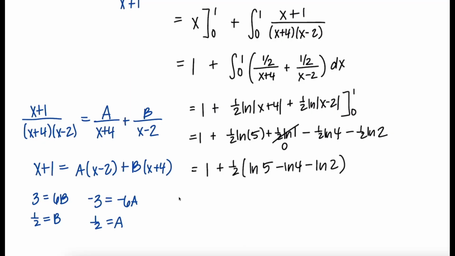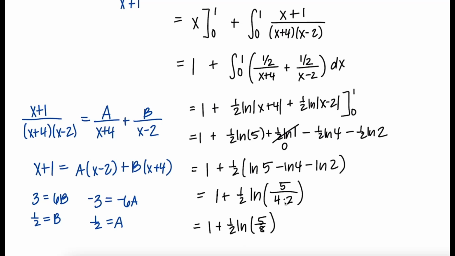So basically what I end up having here is 1 plus 1/2 natural log of 5 over 4 times 2, because the argument of each of these goes to the denominator and is multiplied. So I have 1 plus 1/2 natural log of 5/8. So just working through some of that old logarithmic properties stuff.